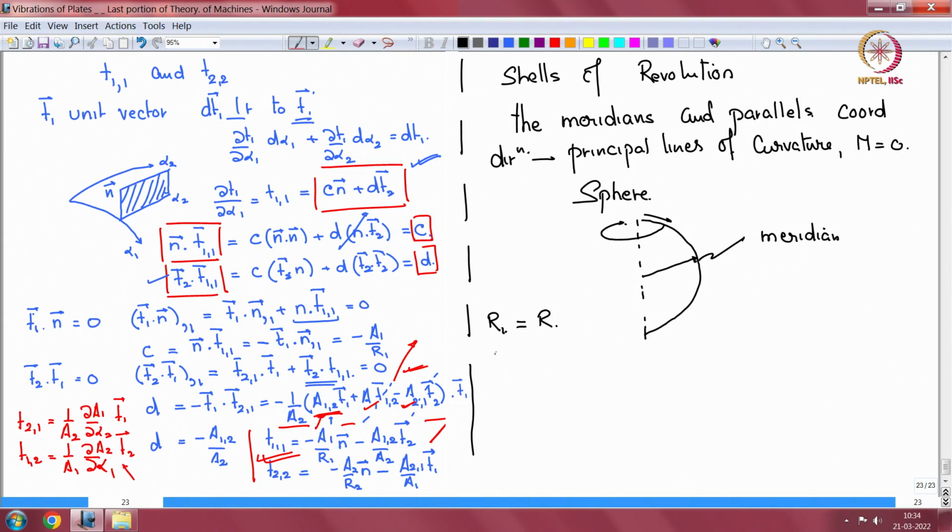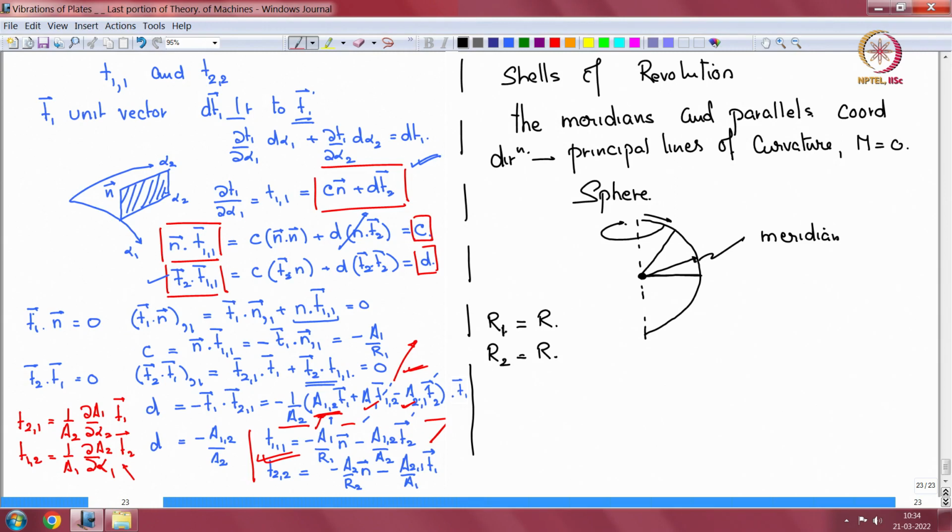The other radius of curvature is the distance from the intersection of the normal with the axis of rotation. The normal is coming this way, and it intersects the axis at the center, and that also is equal to r.